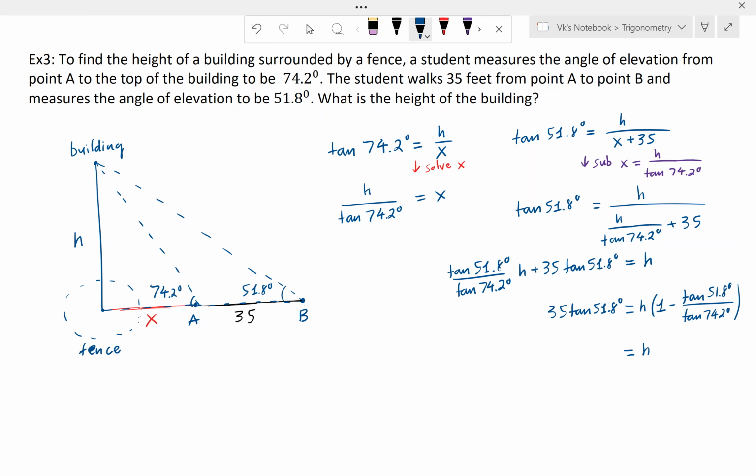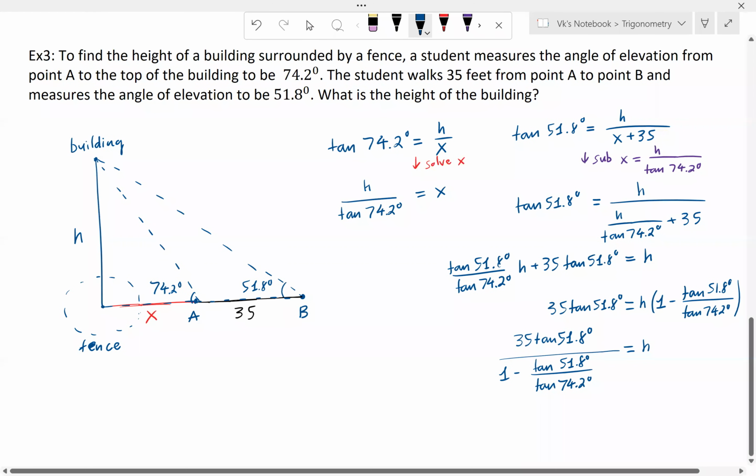So we have h is 35 tangent of 51.8 degrees over 1 minus tangent of 51.8 degrees over tangent of 74.2 degrees, and carefully put this in the calculator.